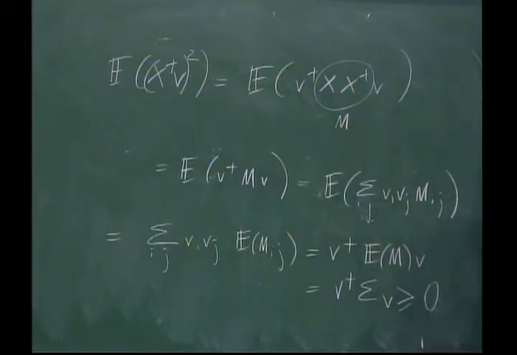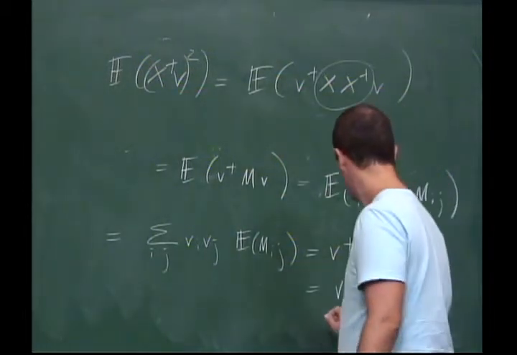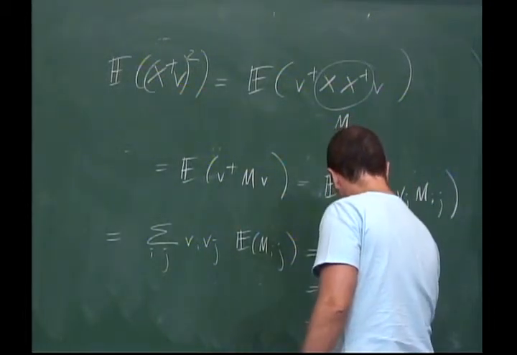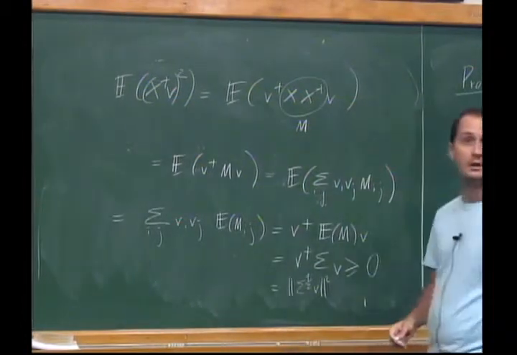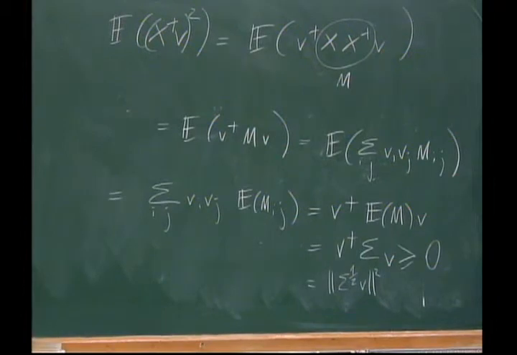So when you have a matrix that's positive semi-definite and symmetric, it always has a square root. What you do is you diagonalize it, and you take the square root of the diagonal elements, of the eigenvalues, and that's the square root of the matrix. So you can write this as the norm of sigma^(1/2) v, squared. Is this clear?